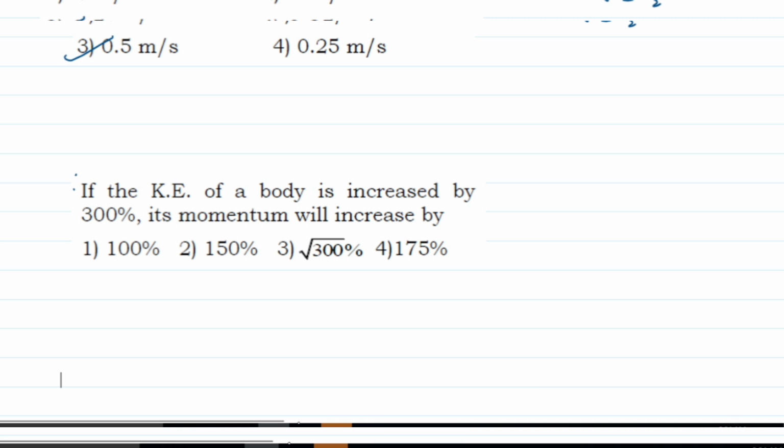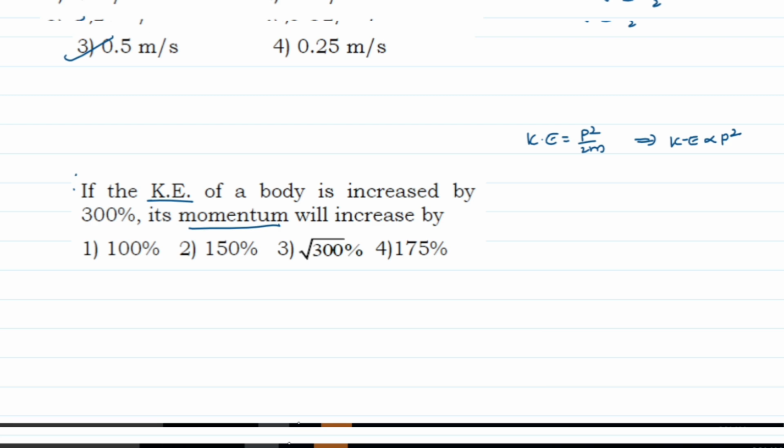If the kinetic energy of a body increases by 300%, its momentum will increase by? So here, the relation between kinetic energy and momentum is K equals P square by 2m. So kinetic energy is directly proportional to P square.